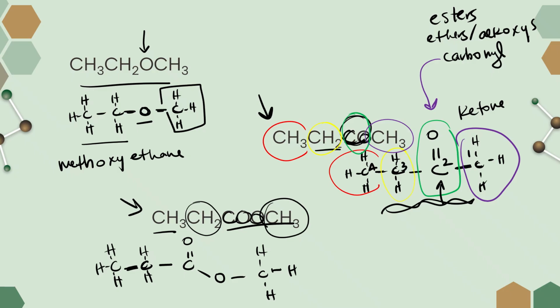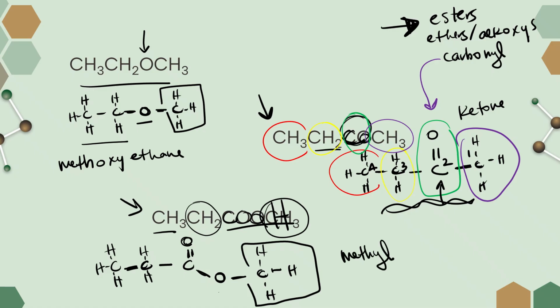So what do we have here with our double bonded oxygen to a single bonded oxygen, finishing off with some carbons? This, of course, is going to be our ester. What are we going to call this guy? We're going to start with the stuff that maybe once upon a time could have been the H in a carboxyl group. This is going to be methyl.